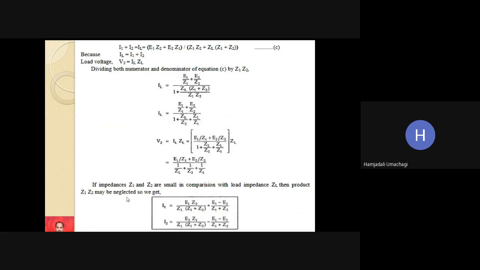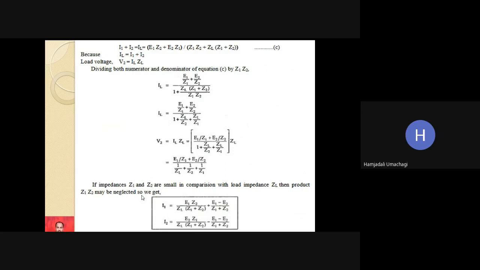Let us make certain assumptions here. If the impedances Z1 and Z2 are small in comparison with the load impedance ZL, that is, if the individual impedance of transformer 1, Z1, and of transformer 2, Z2, are too small in comparison with the load impedance ZL, then the product Z1 Z2 can be neglected.